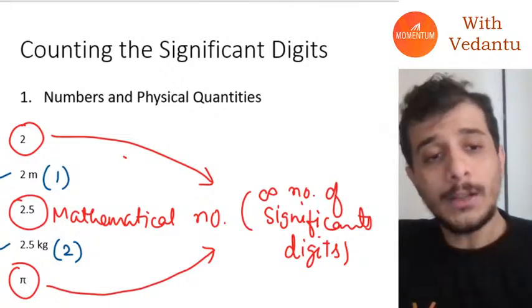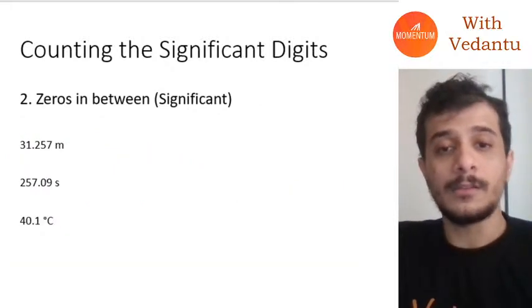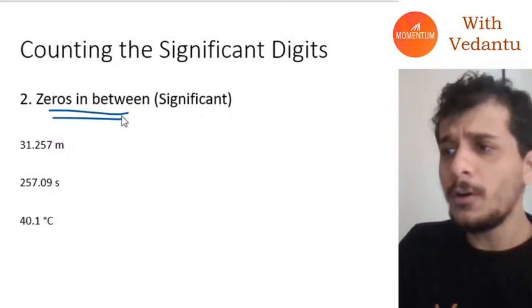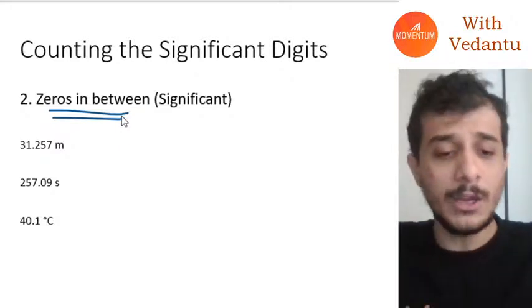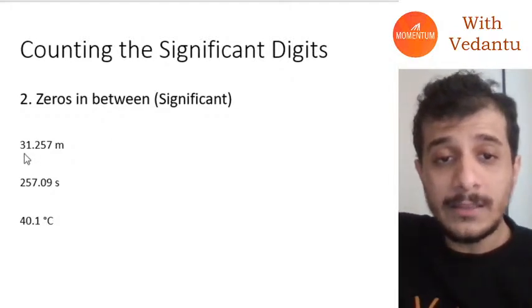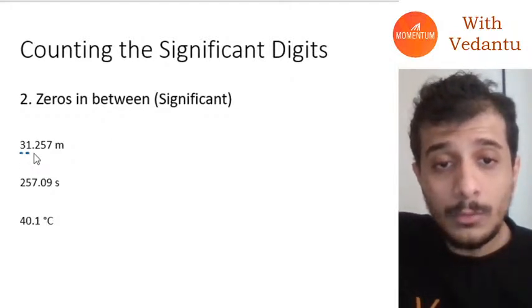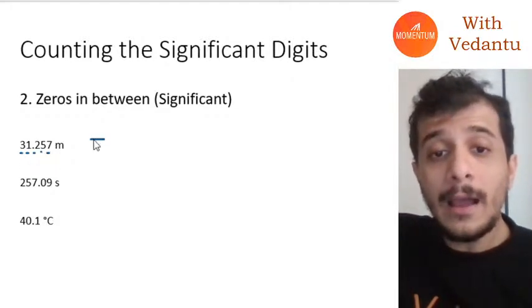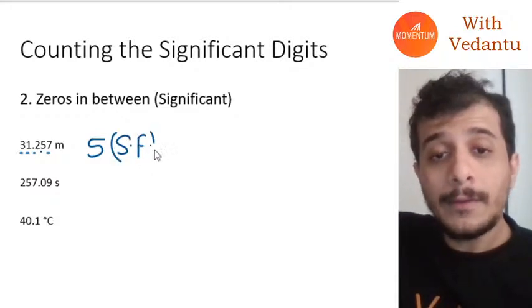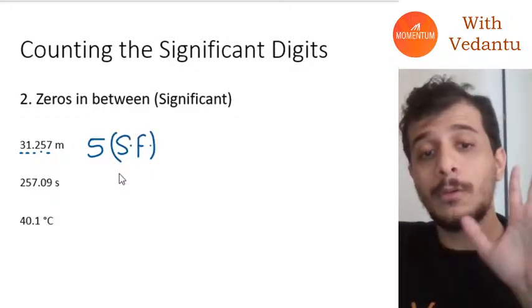So what are the rules regarding counting of significant digits? First of all, if we have zeros in between, those zeros are always going to be counted. In this case, I have 1, 2, 3, 4, 5, so five significant figures, because there are overall 5 digits.